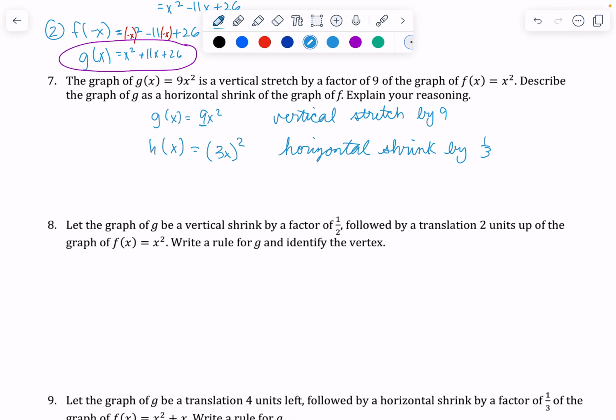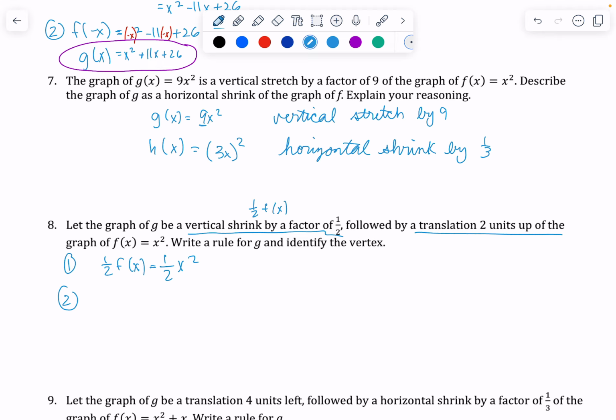Let the graph of g be a vertical shrink by a factor of 1/2, followed by a translation 2 units up of the graph. Okay, so just one rule this time. I'm just doing 1/2 f of x as my first step. So that's just going to be 1/2 x squared.